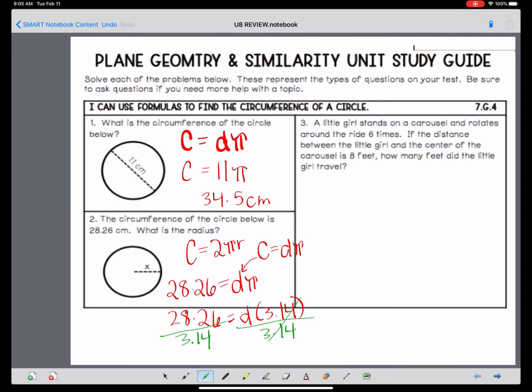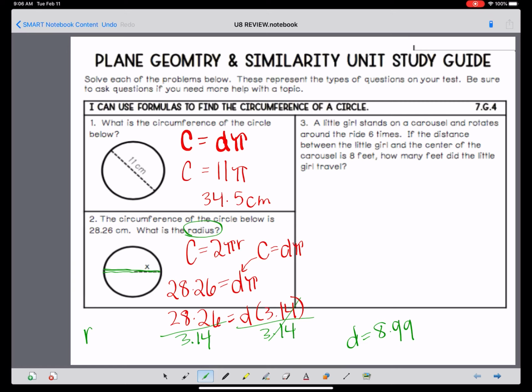I'm going to type into my calculator 28.26 divided by pi, and I got 8.99 is equal to the diameter. Like we talked about in class earlier, the diameter spans the entire length of the circle. They're only asking us for the radius, so we have to divide our diameter by 2. So 8.99 divided by 2 gives me 4.49.